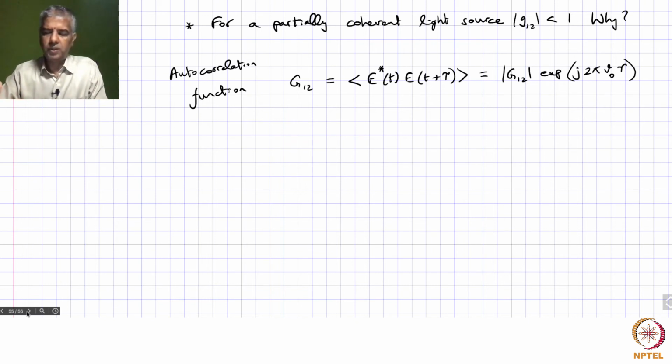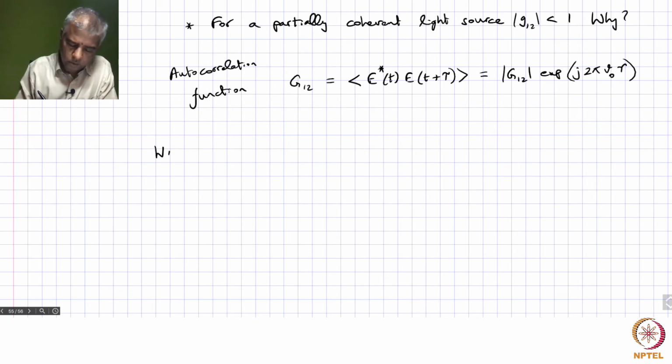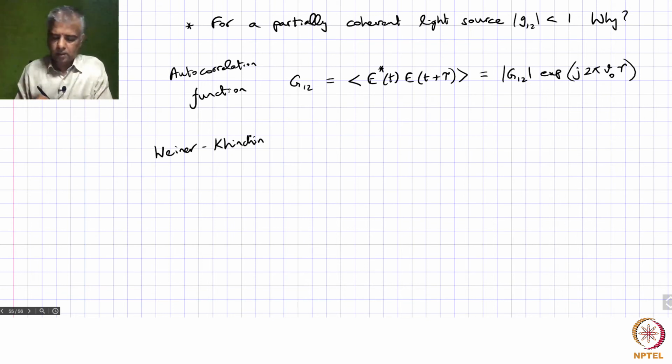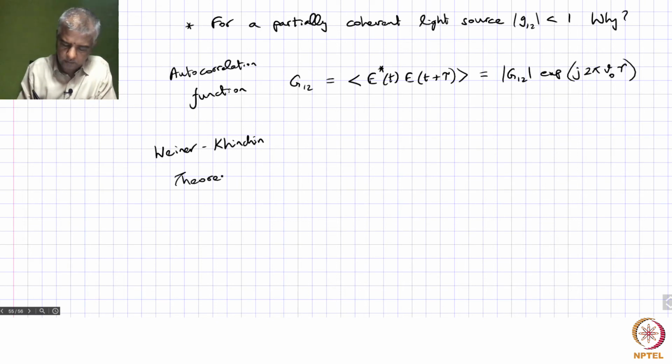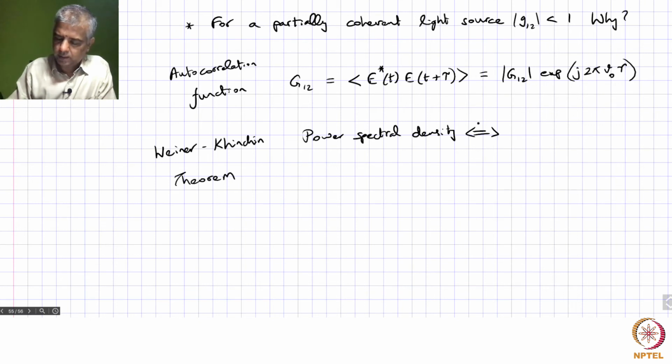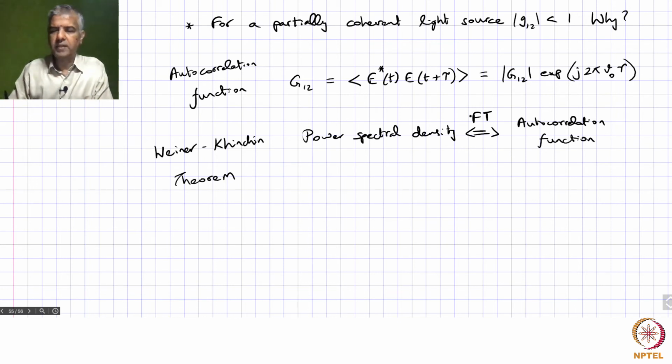So, how do we associate the autocorrelation function to the spectrum of the source, and that is where we can go to what is called the Wiener-Khinchin theorem, which says that the power spectral density of a source and the autocorrelation function of a source are essentially Fourier transform pairs.